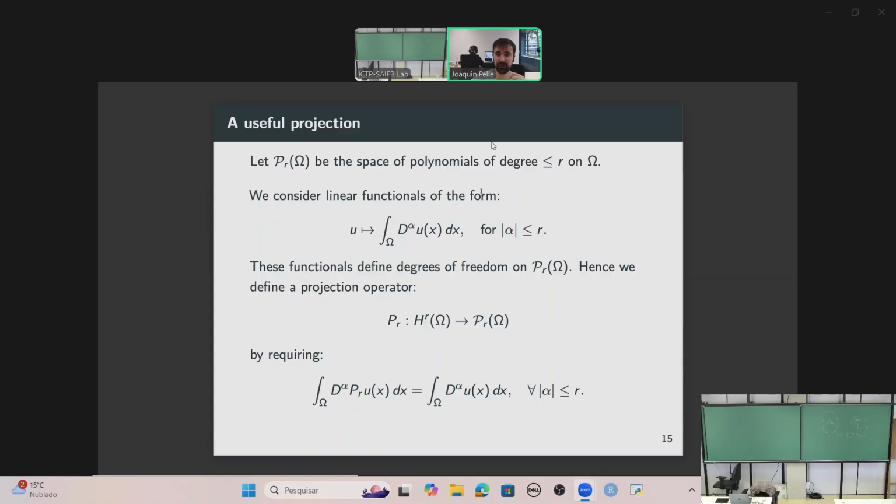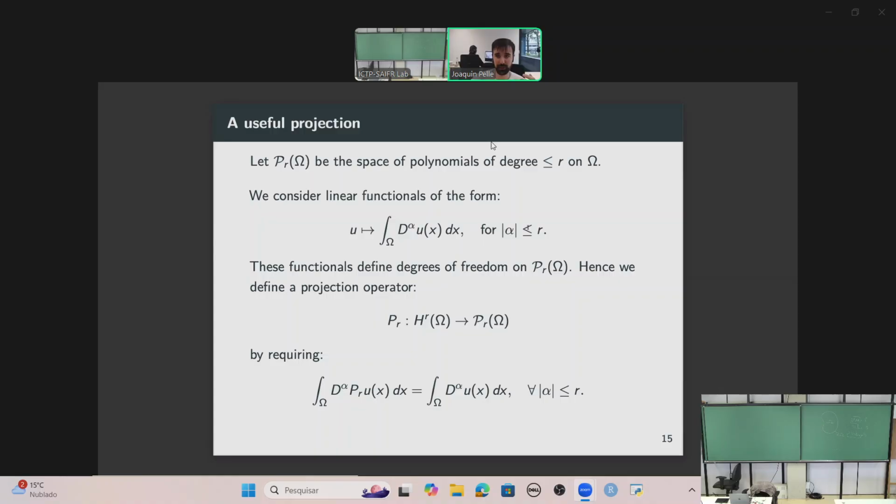So the linear functionals do the following. They take a certain function on our function space, and basically they return the integral over the whole domain of the alpha derivative of the function, where this alpha is a certain multi-index, right?